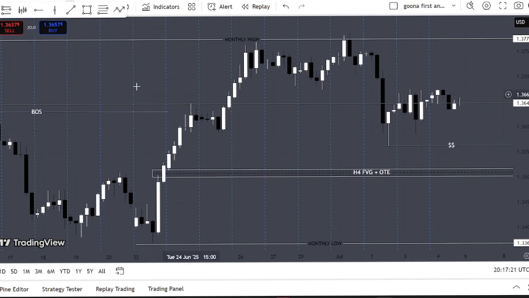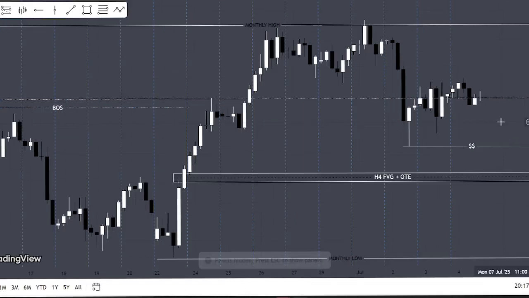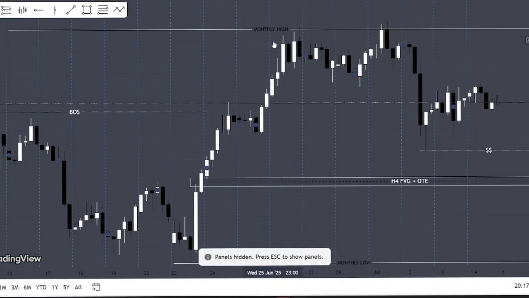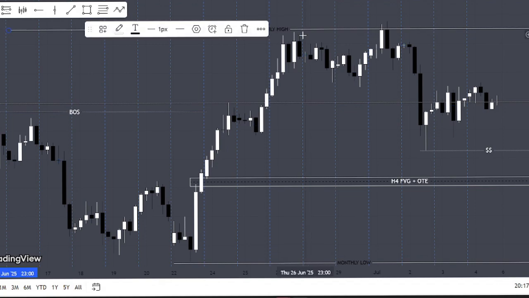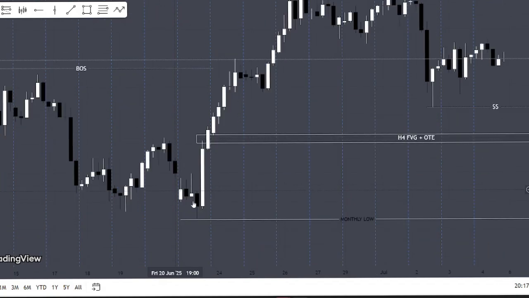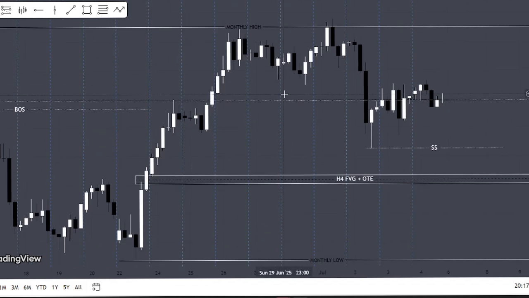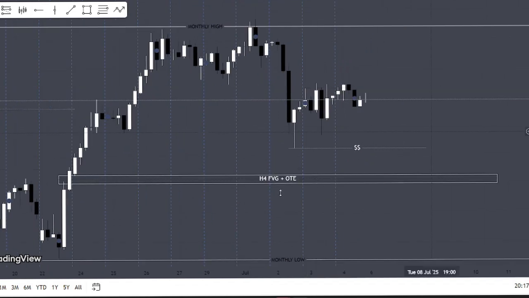Okay, so right now I have GBPUSD open. And let's start with the monthly high, monthly low. As you can see on the monthly time frame, I marked the high and the low. Then I'll move all the way down as I'm analyzing all the way to my entry time frame, which is the 4-hour.